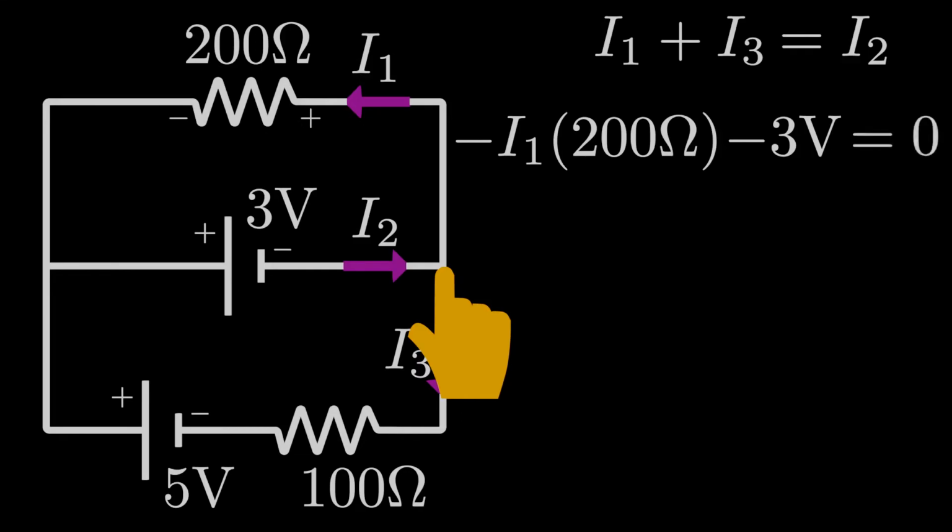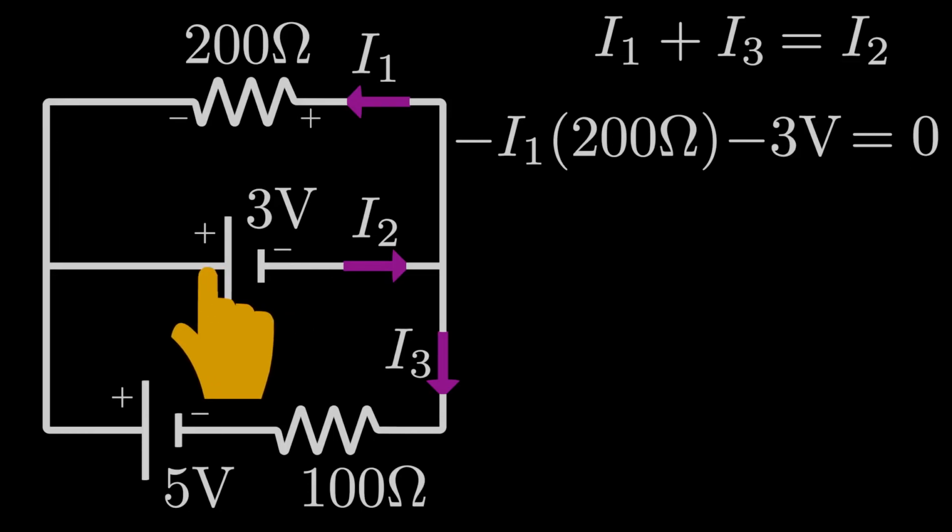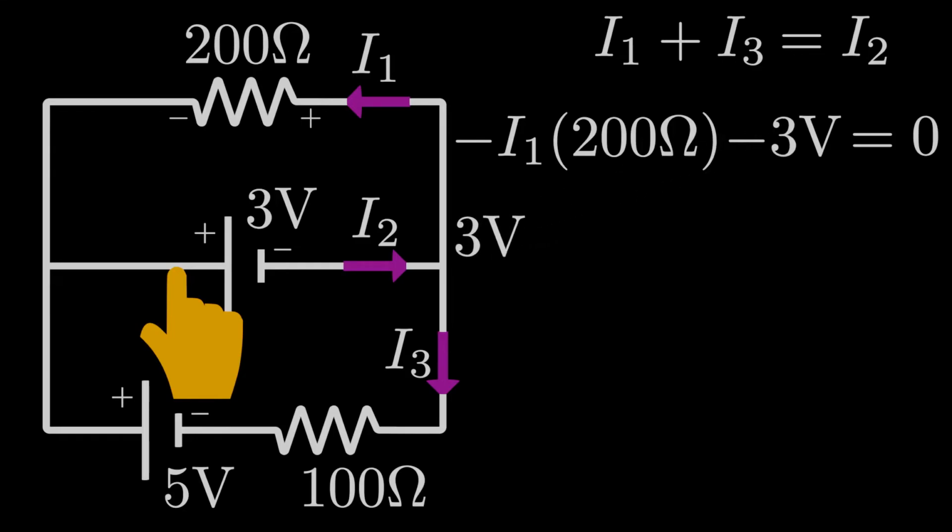Why don't we now try the lower inner loop? For this one, we'll again just go counterclockwise for kicks, and we start by traversing our finger through this 3-volt battery. Now, because in this case we're traversing our finger from the negative terminal to the positive terminal, the potential difference is actually positive in the direction of our finger's movement.